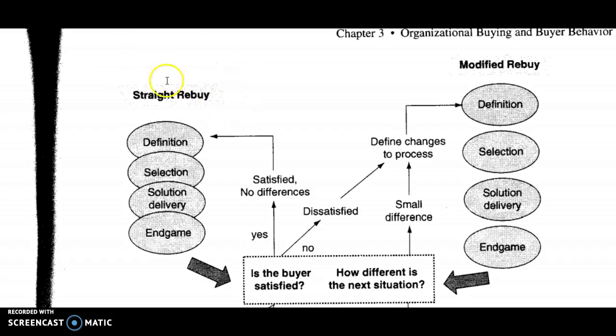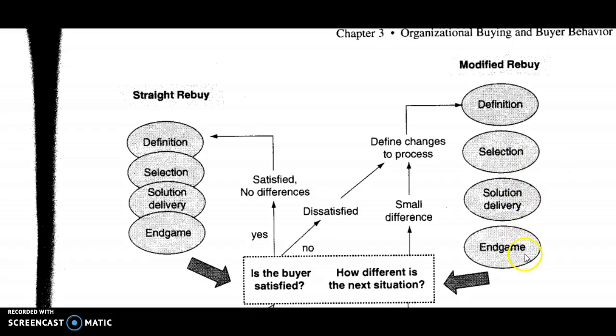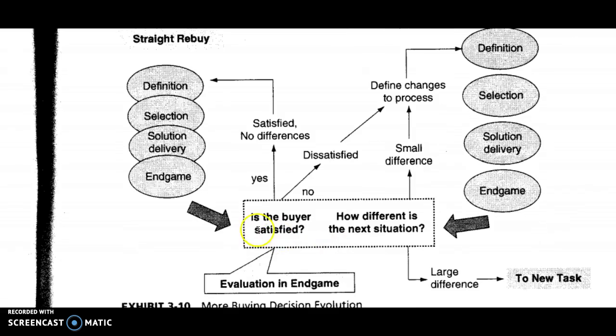As we see in the first example, straight rebuy, we may see that the stages overlap a little bit: definition, selection, solution delivery, and end game. And in the modified rebuy, we have to take care of the definition, selection, solution delivery, end game. It's a little bit different, but let's see how it works.